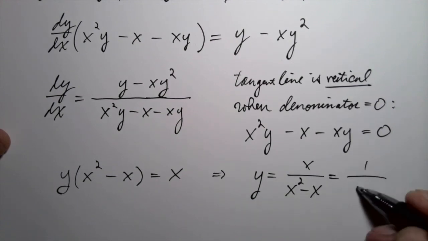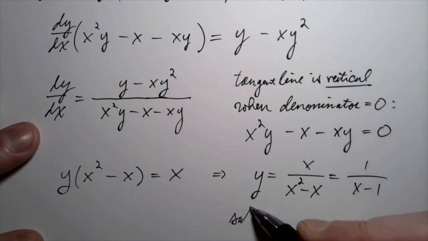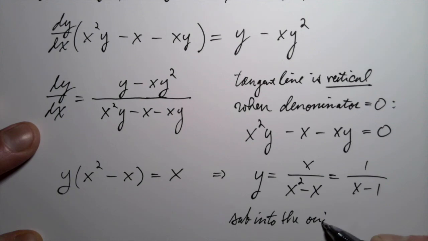There's a common term of x on top and bottom, so it's easier to write that as 1 over x minus 1. I'm just canceling the x's there. Okay, great. So the tangent line is vertical exactly when y and x satisfy this relationship. But that doesn't really give us the actual points. That doesn't tell us the answer. So what do we do now to find the actual points? We need to sub into the original equation.